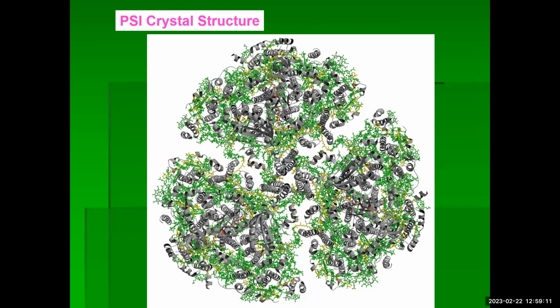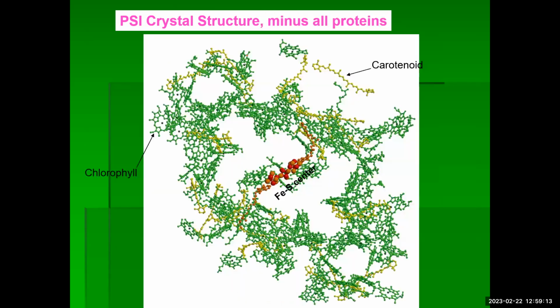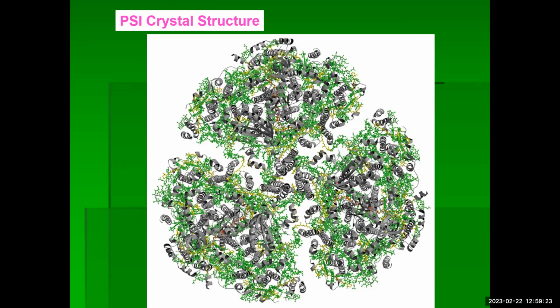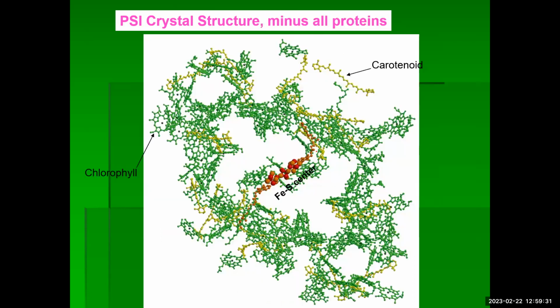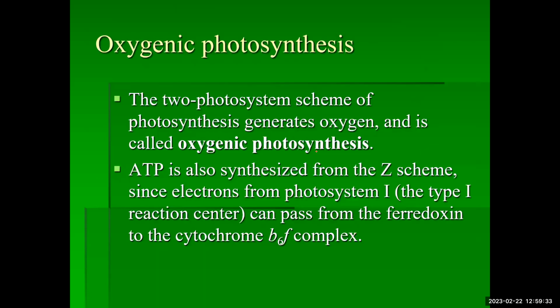You have this beautiful trifoil kind of structure. Take away all the proteins, you have the different pigments. Here's your iron sulfur center that's at the bottom. If we go back to this, the iron sulfur center sits essentially right across here at the bottom. See that right there.